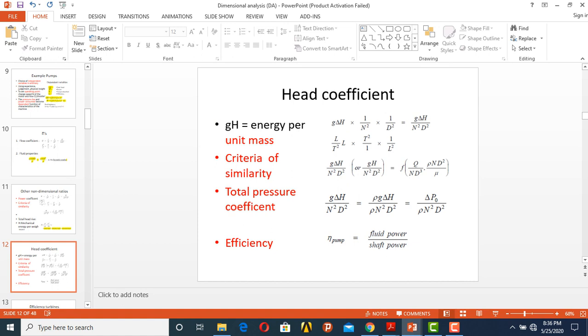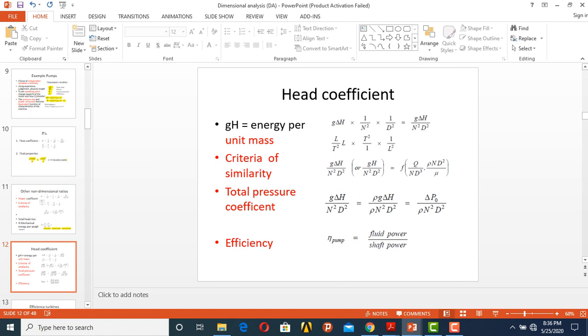Most of the time, we'll be facing it under the name of specific energy. So when we are looking at a pump, we look at the specific energy. What's the specific energy of this pump? How high can this pump pump the fluid?